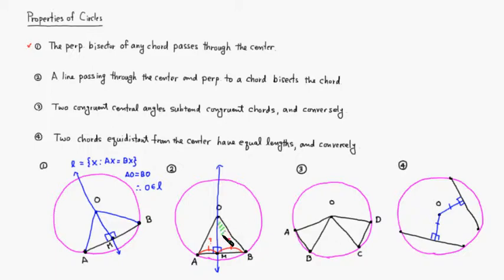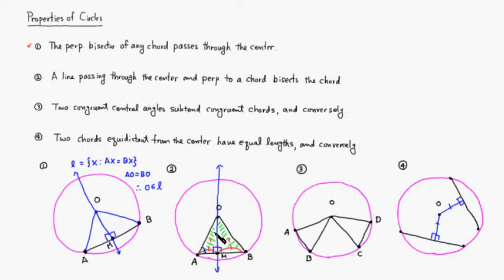Here is one right triangle, and here's the other right triangle, and we know that these are going to be congruent by a certain criterion.